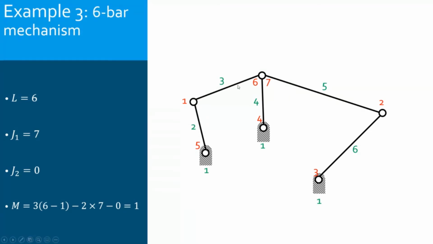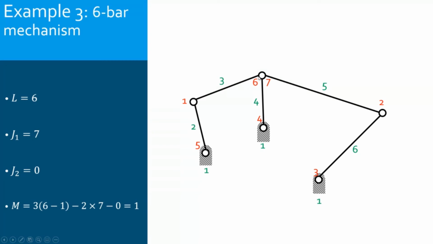Now here, why? Because actually, this one is a kind of two pin joints. There is one that connects 3 to 4, and another one that connects 4 to 5. I should consider it twice. Why? Because it blocks here 4 degrees of freedom, the two translations between 3 and 4, and the two translations between 4 and 5.